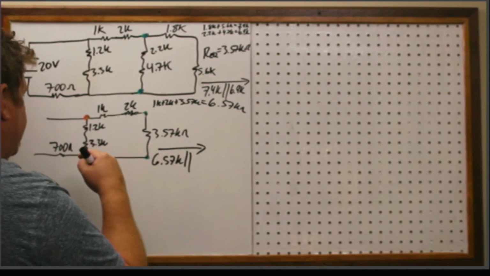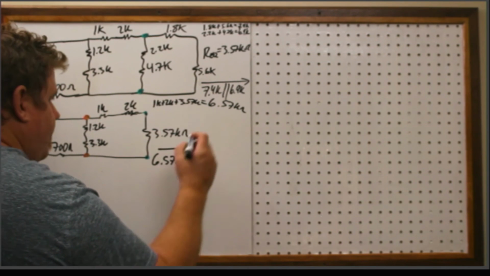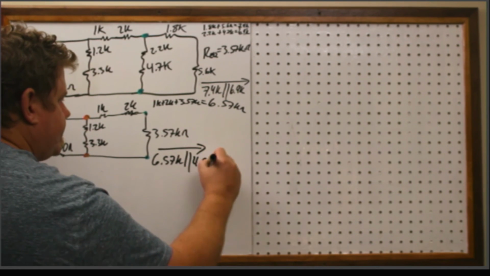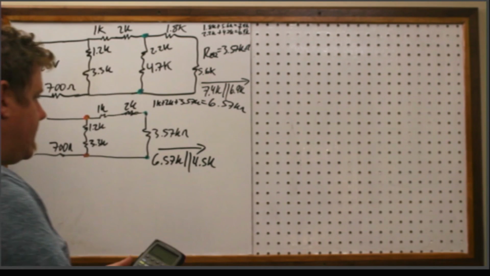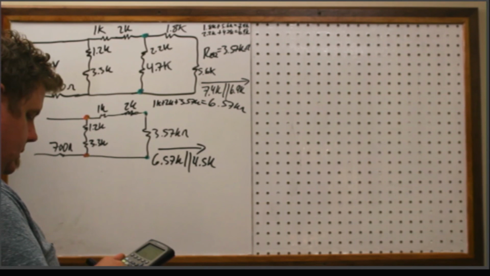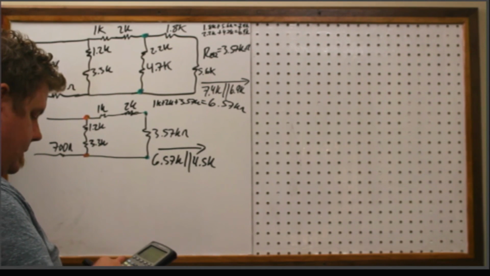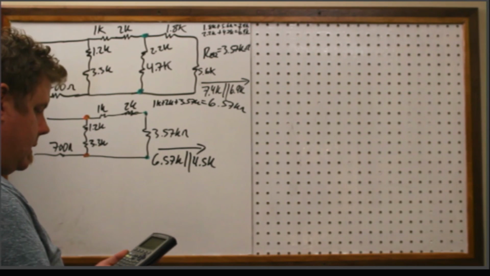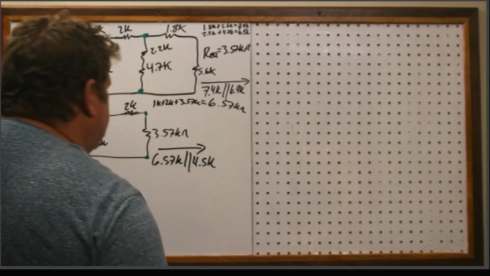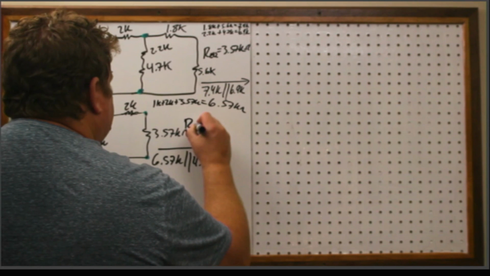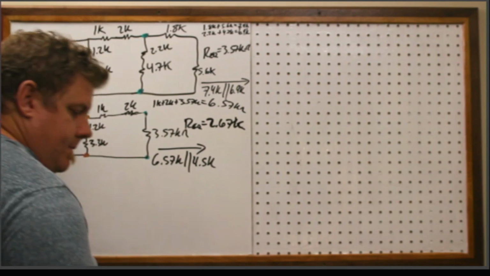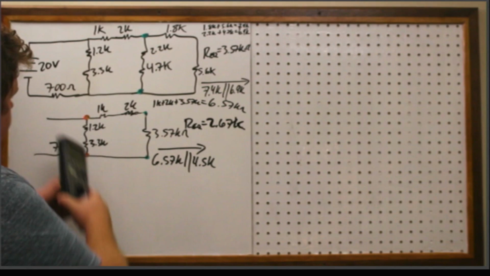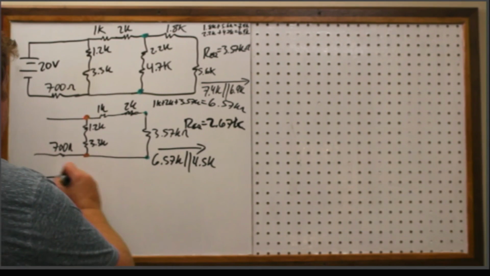We've already done one. This one is 4.5. So I'm taking 6.57K in parallel with 4.5K. REQ, 2.67K.